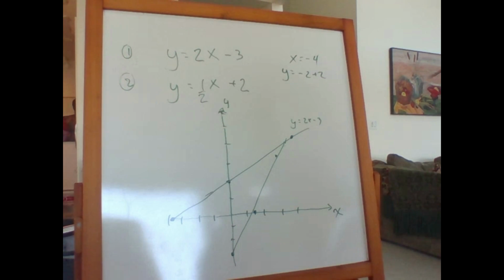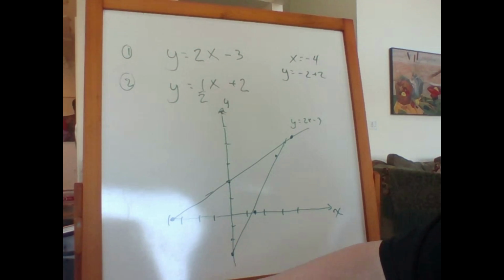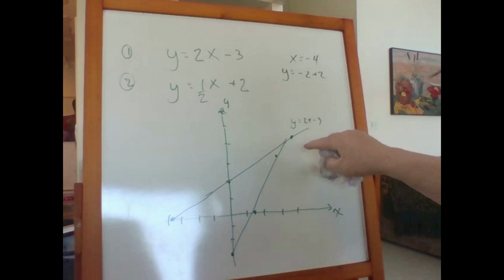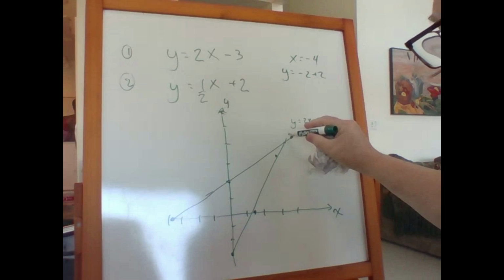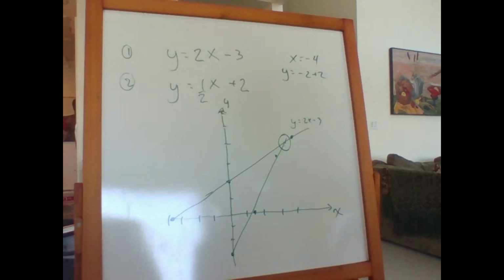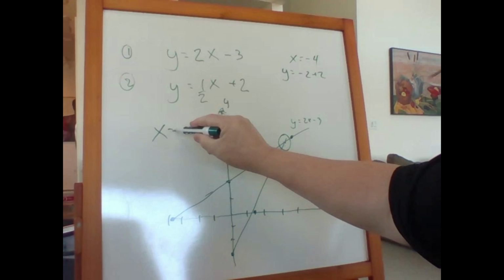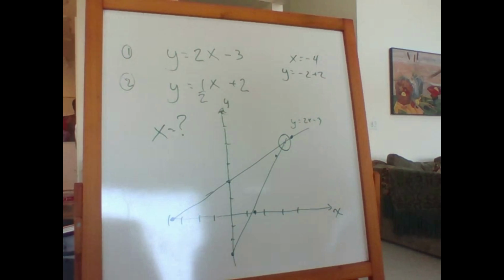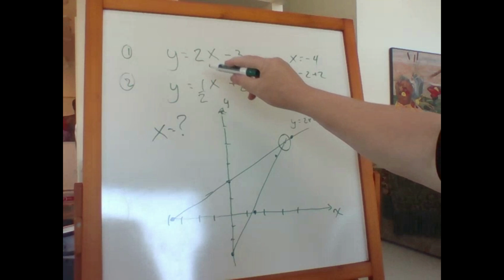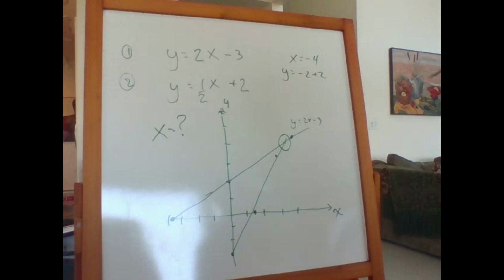Now you can see that we have these two lines and they're not parallel. Well, what is this intersection? At what value of x do these two lines intersect, or in other words, have the same value?